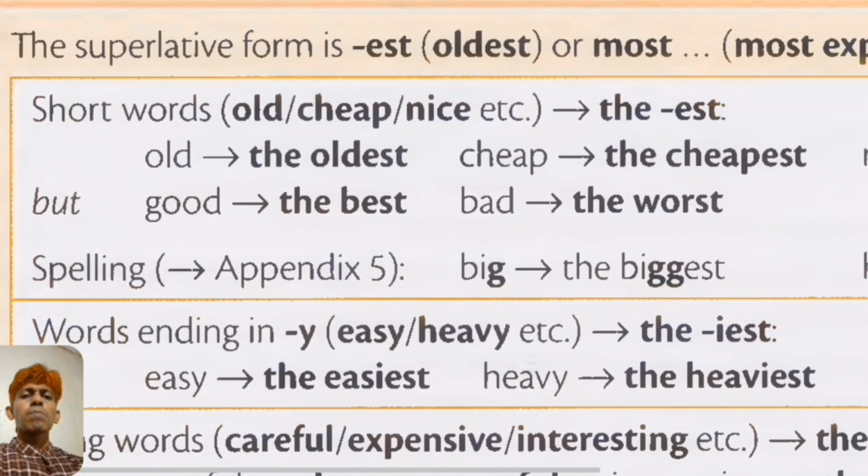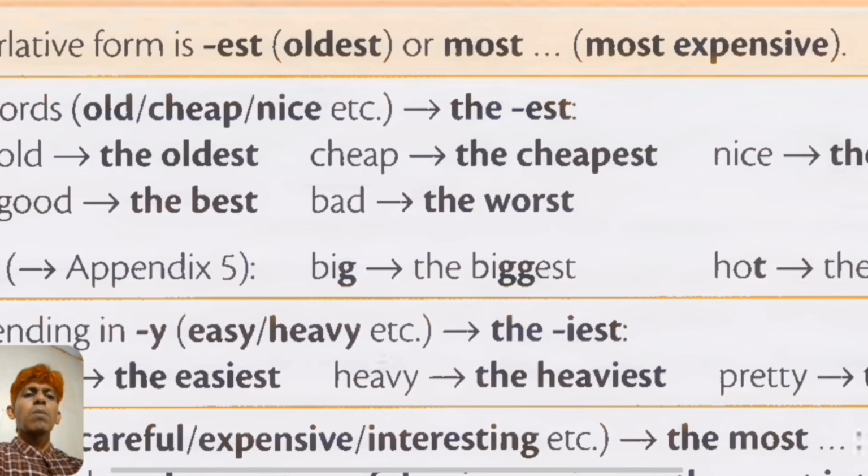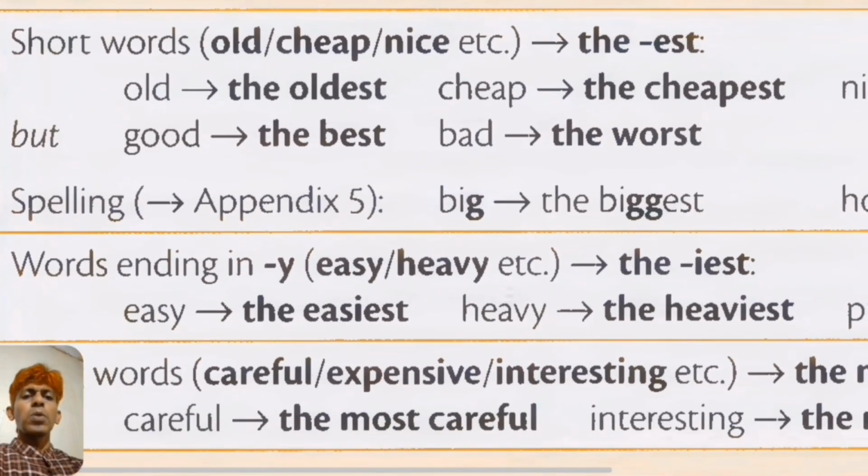Part B. The superlative form is -est, or we add "most" in front of the word, like most expensive. Short words: old, cheap, nice, etc. take -est.